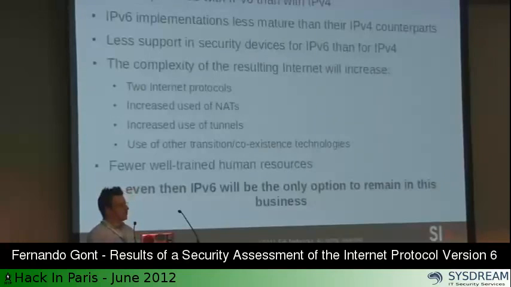Many people think that the reason we have fewer advisories for V6 is that the protocol is more secure. But from my perspective, that's actually an indication that we still have to find lots and lots of bugs in V6. So eventually, in the near or long term, we will probably find that we have a similar number of advisories for V6 and for V4 implementations.